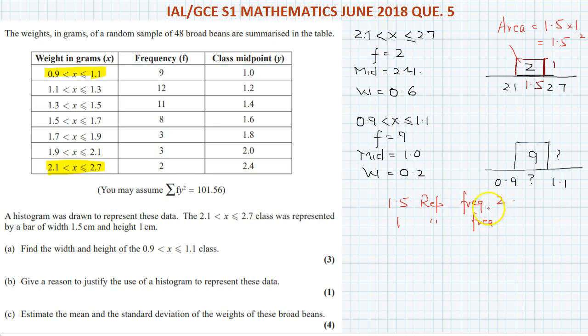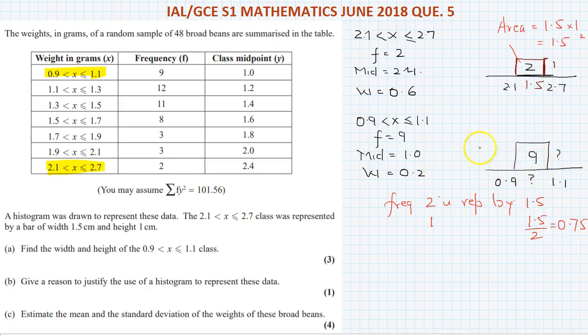So we just rewrite it: frequency 2 is represented by 1.5 unit square. So frequency 1 will be represented by 1.5 over 2, that is 0.75.